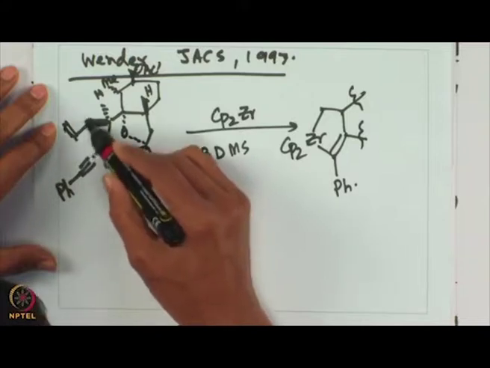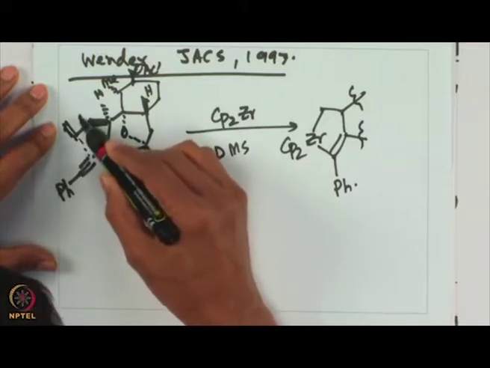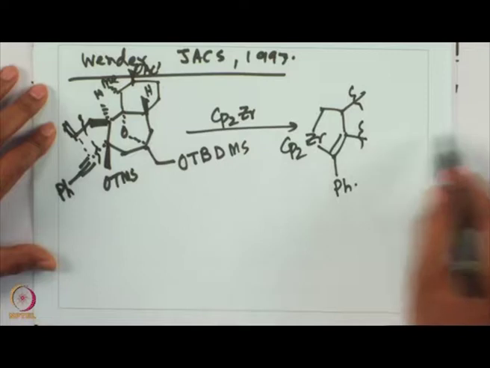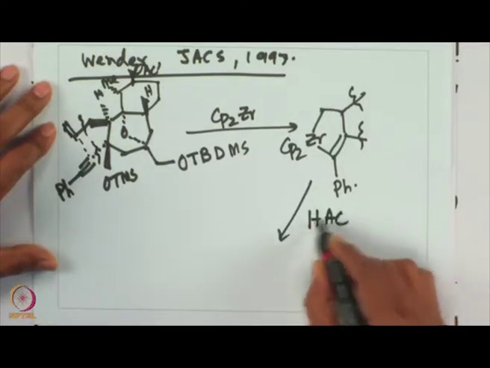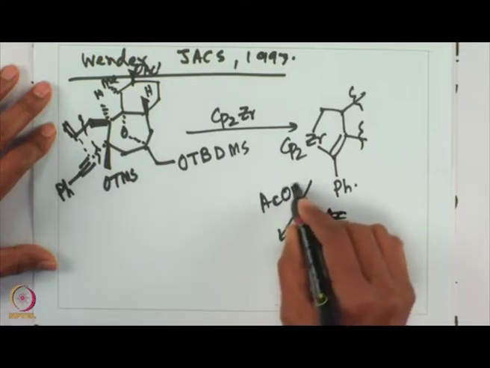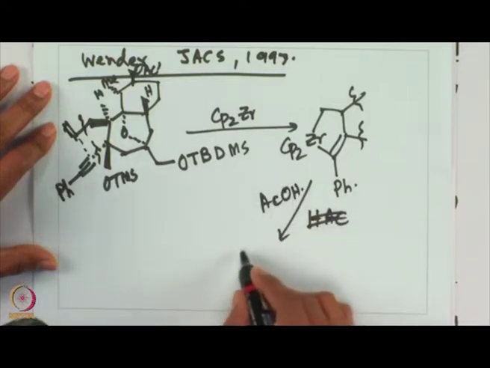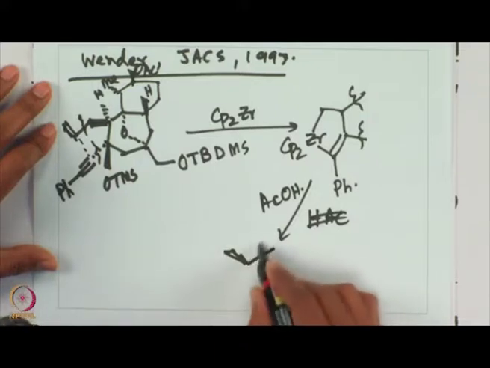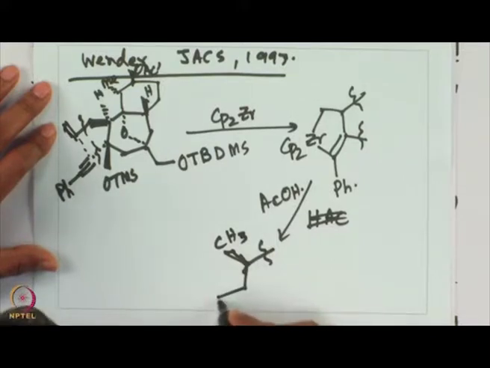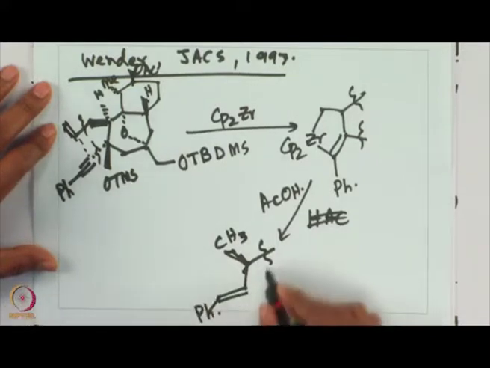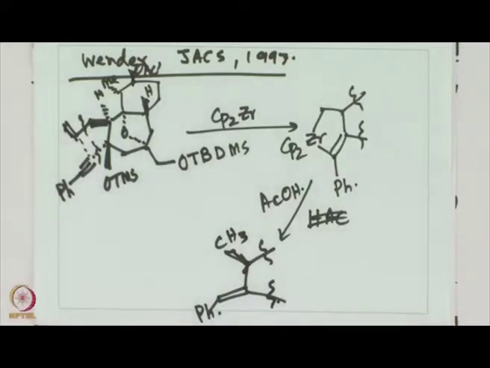So, the rest of the intermediate can go on from this part and this part, and finally, if we are taking acetic acid, HOAc, into the picture, what we overall get is the formation of a methyl and a terminal or internal olefin in this case to give the advanced intermediate for a natural product synthesis as well.